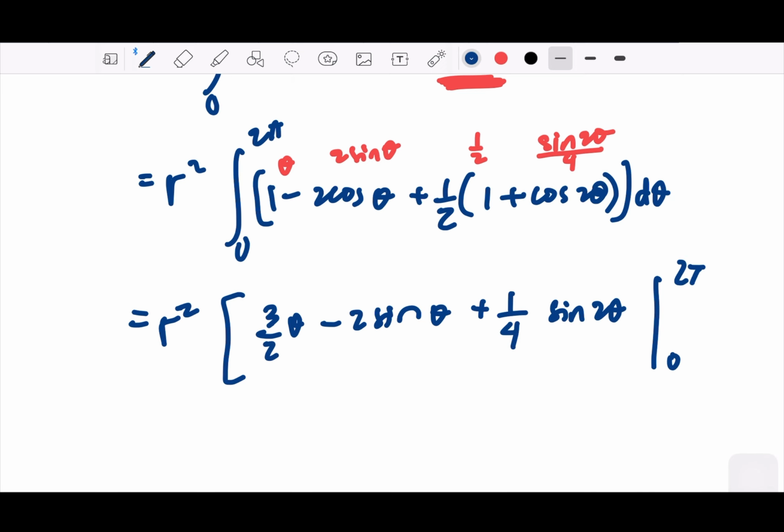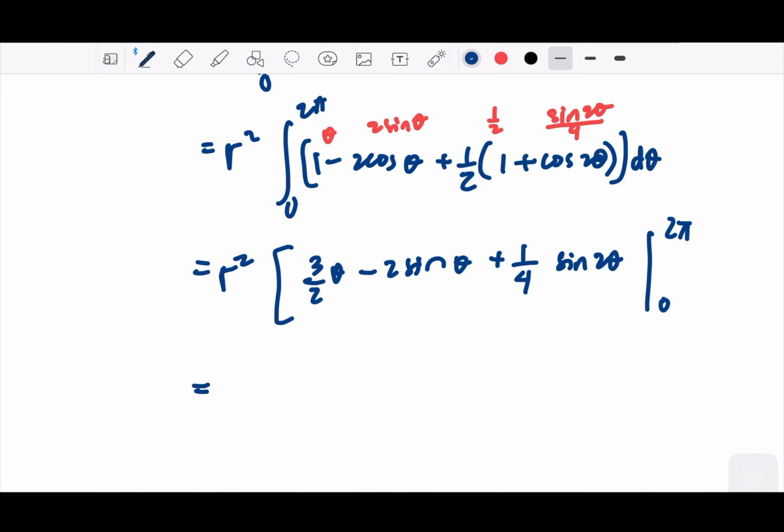From 0 to 2 pi. Still we have r squared and we can put in 3 over 2 pi, and then the other one is still 0, right? Because it's sine, so at 2 pi it's 0, and 0 also becomes 0, so this is the only number that we can count.